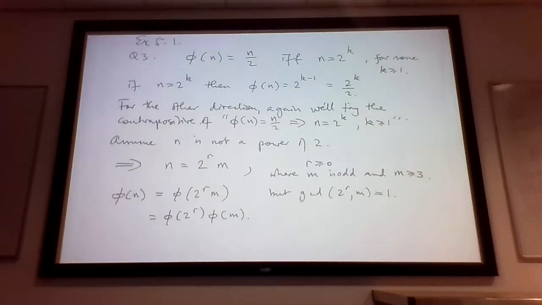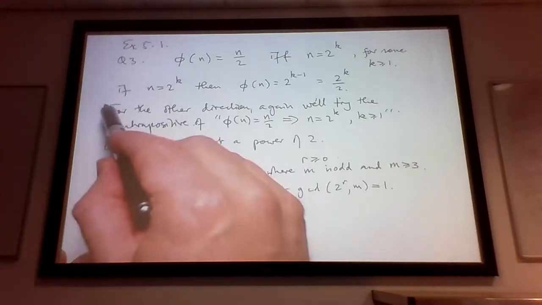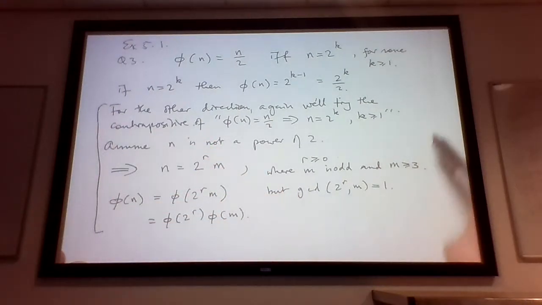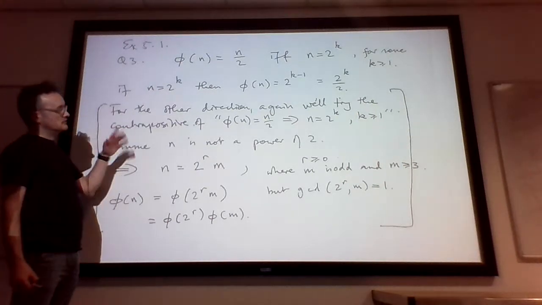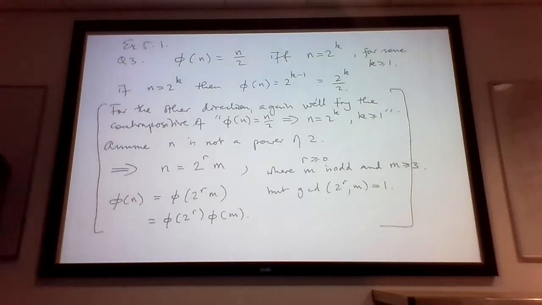So I think I'm going to abandon my attempt to prove it using the contrapositive, because I've just reread the hint there. I should obey it. So this is an example, and it's instructive, where I set out to try and use the contrapositive, but it looks like the contrapositive is the awkward one here.